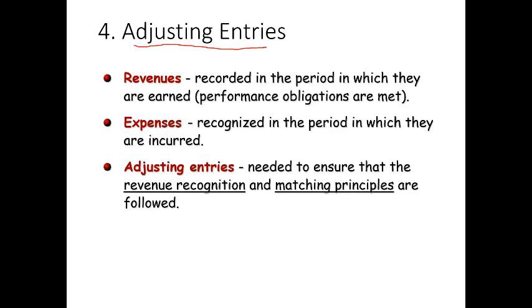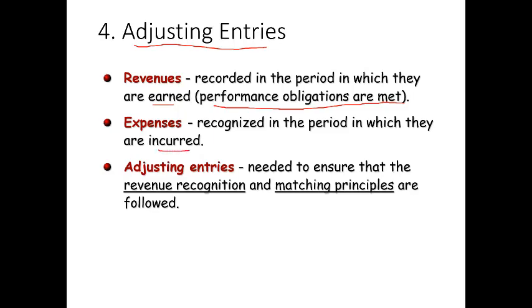So revenues are recorded in the period in which they're earned, not when cash is paid, right? Or in the words of the new revenue recognition standard, revenues are recorded in the period in which performance obligations are met. On the other hand, expenses are recognized in the period in which they're incurred, and they're matched to the timing of revenues.